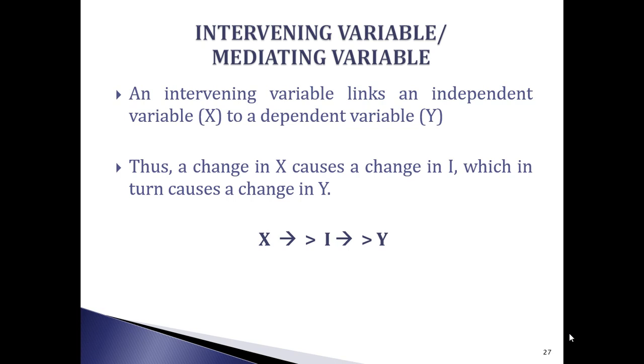Intervening variable. An intervening variable links an independent variable to a dependent variable. In x and y relationship, a change in x causes a change in i, which in turn causes a change in y. Here, i is the intervening variable.